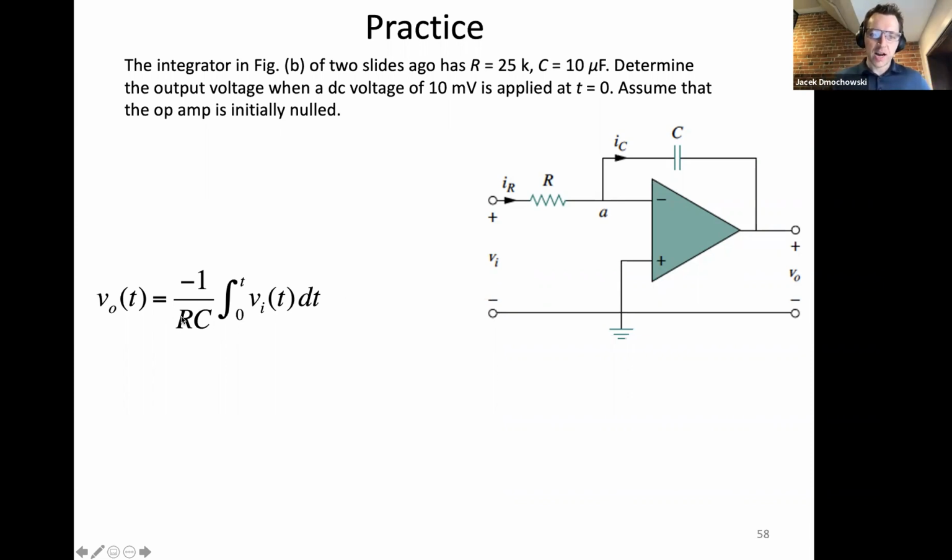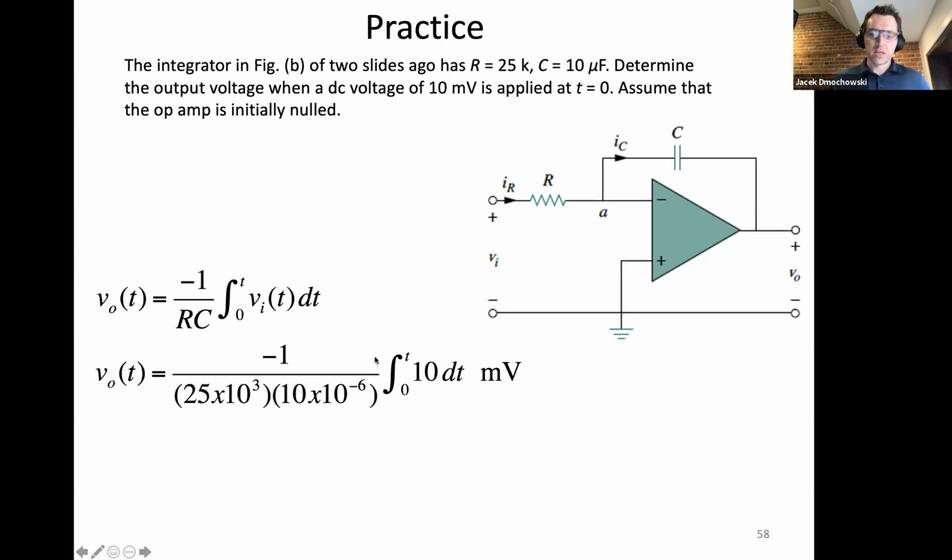And we know that the product of R and C is 25,000 times 10 times 10 to the minus 6. And then our VI is just equal to 10 millivolts. So we're just integrating a constant. So this is just the area under a rectangle.